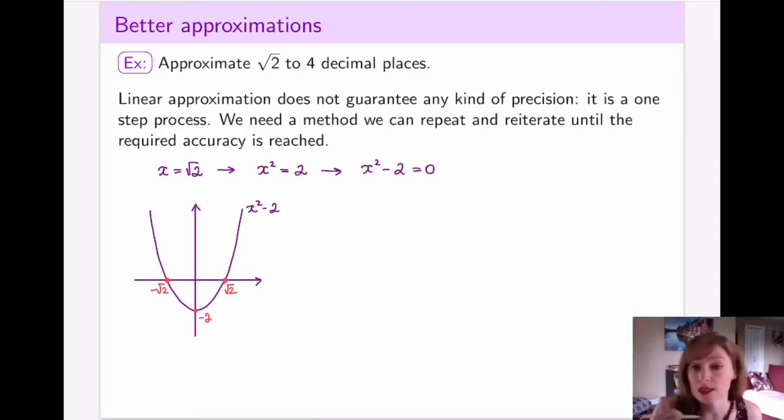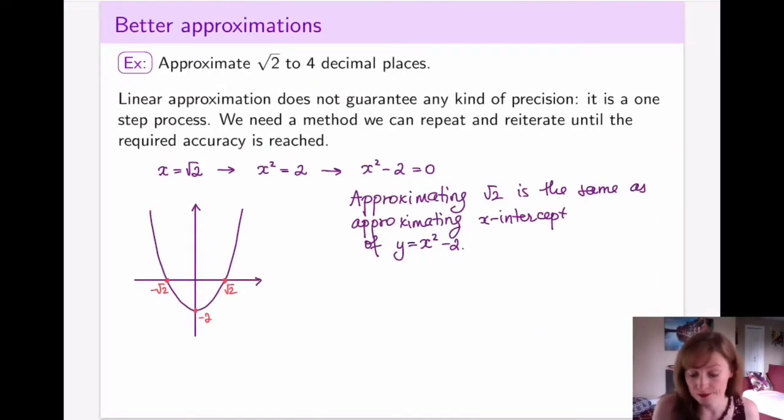They're also called zeros. But among other things, this is the thing that I'm trying to approximate. So approximating square root of 2 has now become an equivalent problem to approximating a root or a solution to this equation. And graphically, that means approximating the x-intercept of this function.